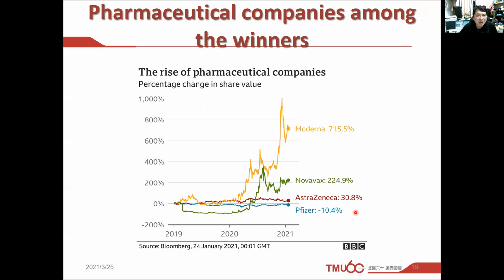And of course, pharmaceutical companies benefit from COVID-19. A lot of different pharmaceutical companies developed their drugs, they developed the vaccine. Okay, so you can see their share value has increased since 2019, more than 200 times.